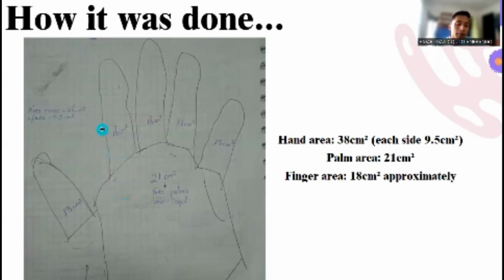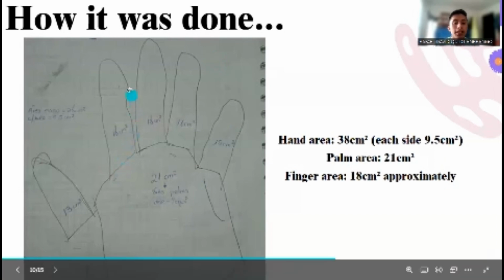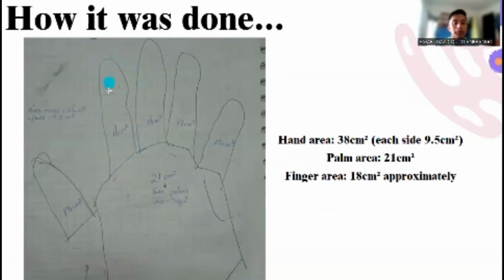But this area was divided into two parts. For example, the palm is 21 square centimeters, only this part. In another case, each finger has a different area, for example 18, 16, or 13.